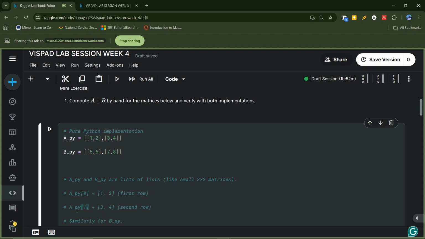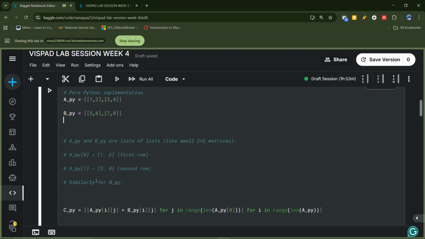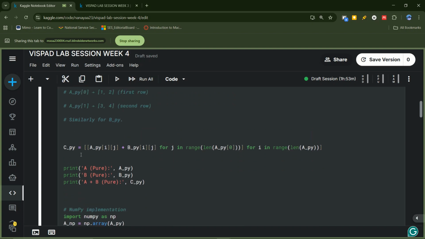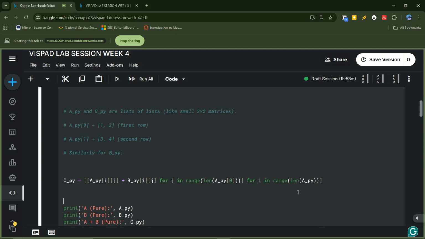And A underscore py 1 is what? Sorry, it is 3 4, because indeed that is position 1. Same for B underscore py. So now this whole expression is trying to do element-wise addition.